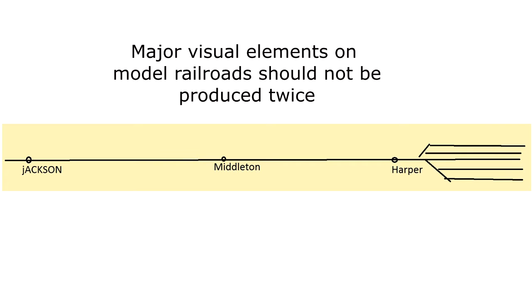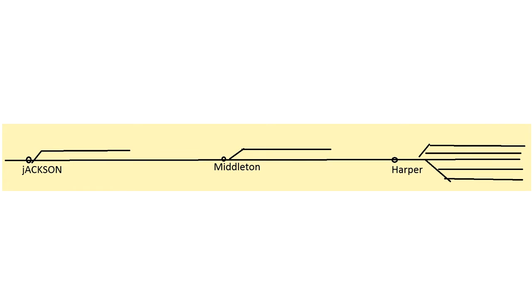It doesn't make sense to do anything twice. So a lot of layout designers and planners are not going to have two yards unless they really want to. But you could have a small yard at one end and interchange tracks at your town locations if you have linear.